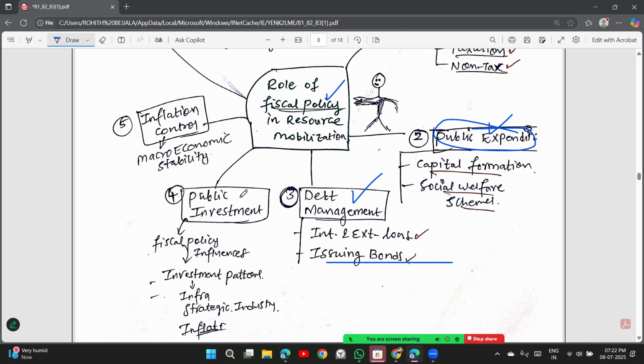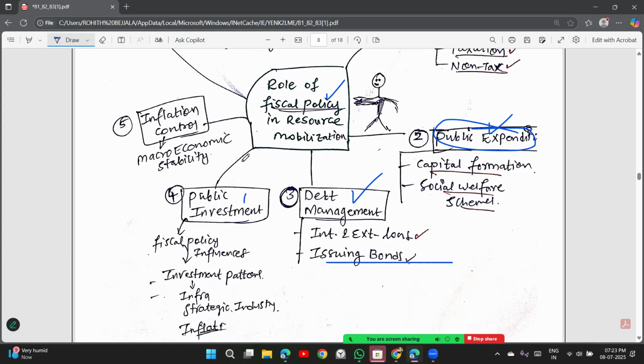And if public investments are there, then it will influence the fiscal policy also, because the companies will look at whether the government is supportive, whether the government is stable, whether the government is giving any incentives or any tax reimbursements. The companies will check and they will invest in the state or central level or a suitable place. So they will check how supportive the government is.